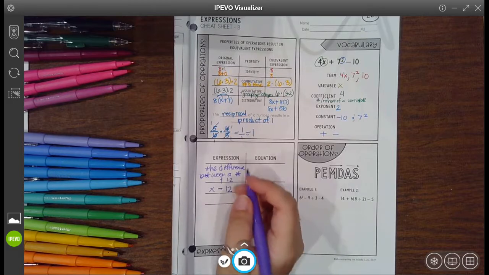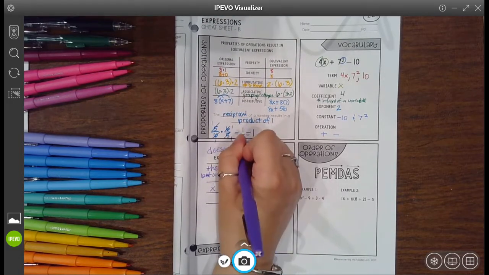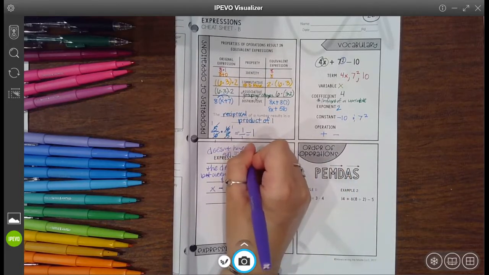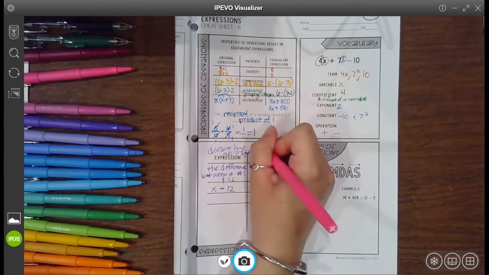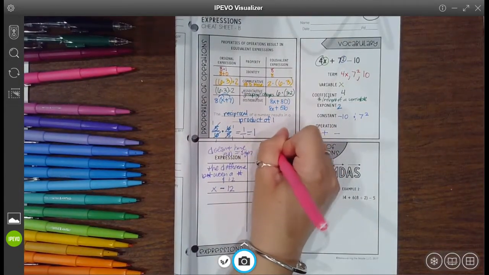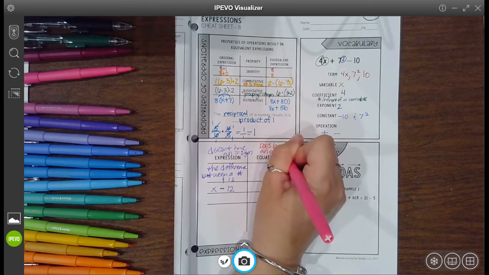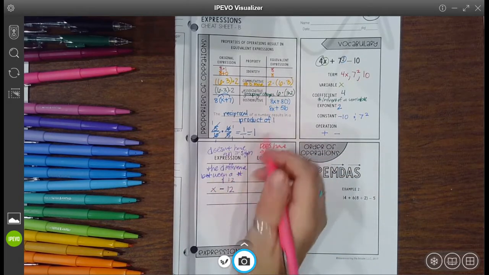Okay, notice that an expression doesn't have an equal sign, which is different than an equation. An equation does have an equal sign. So if they gave me a word phrase, let's have it almost be similar to this.